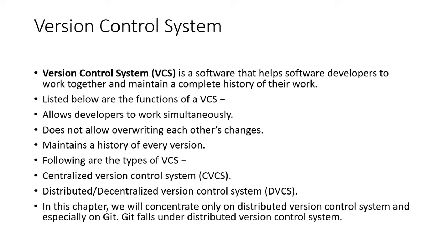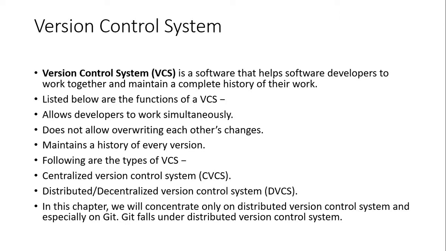Git is very intelligent, and it can merge that code automatically. But if both developers are working on the same line, then Git can't know whose work it should take. In that scenario, a Git conflict occurs. Both developers should come together and resolve their conflict. That is the main idea here.